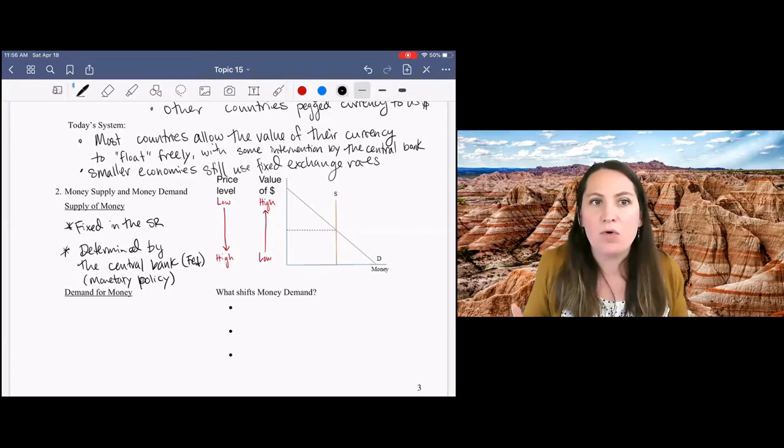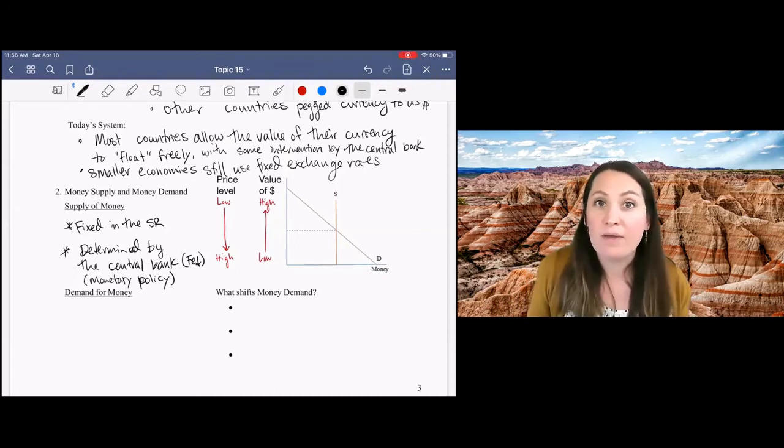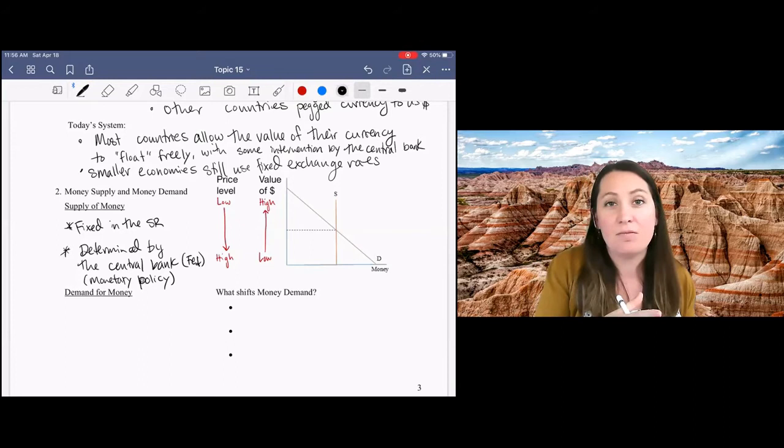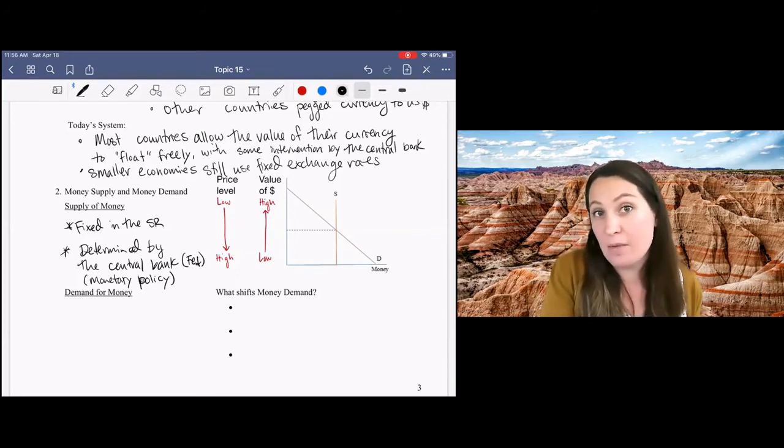So why do you hold money in your checking account rather than putting it into a savings account or an investment account? Because you want to spend it, right? So the only reason to hold assets in more liquid form is so that you can use them as a medium of exchange.